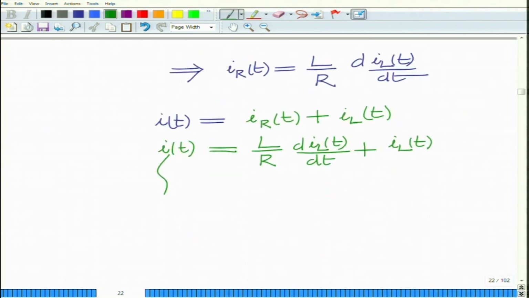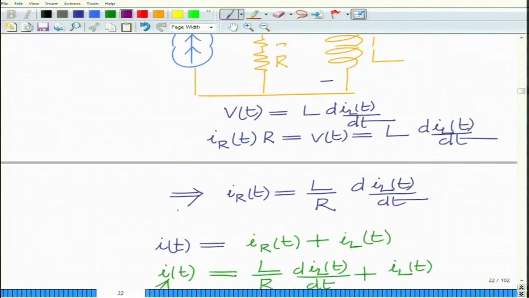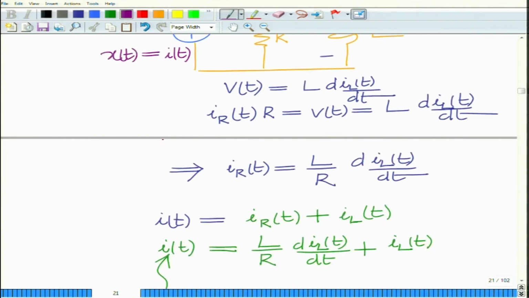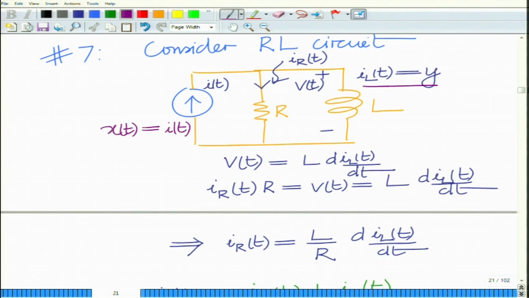So if we denote i(t) by x(t), this is my input x(t) equals the input, which is i(t), and of course we have already said that i_L(t) is the output, that is y(t). So the input is the source current, and the output y(t) is the inductor current, that is i_L(t), okay.